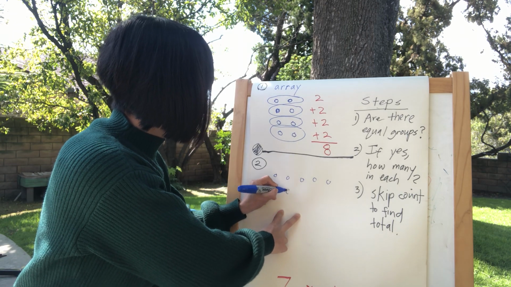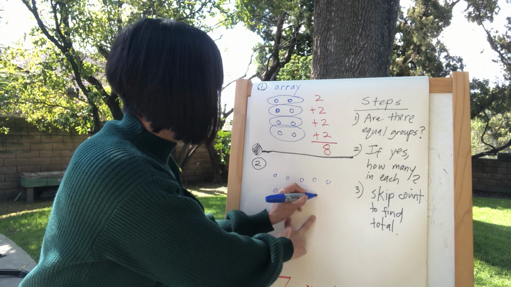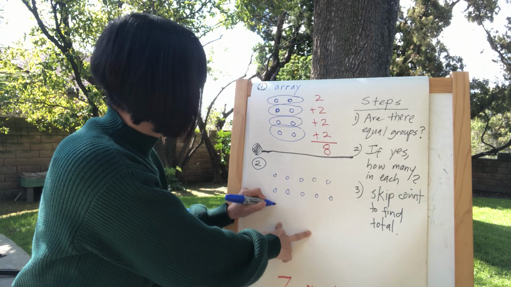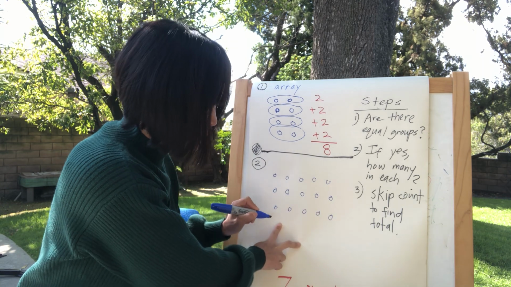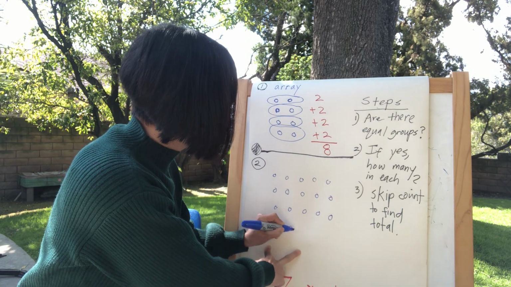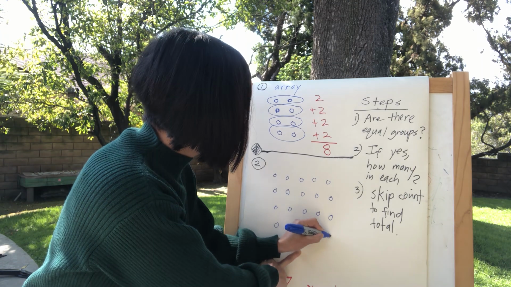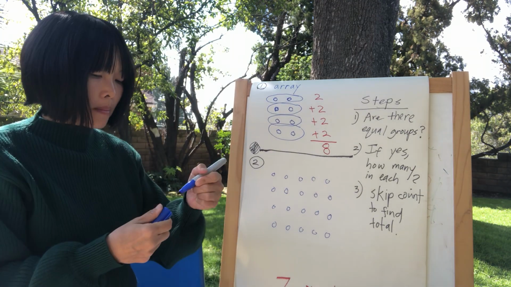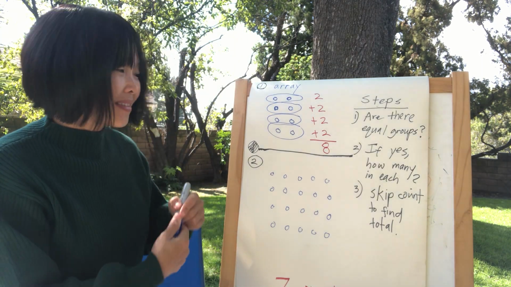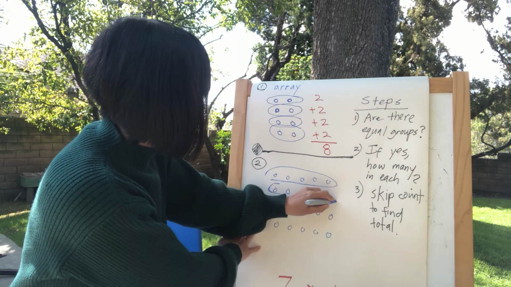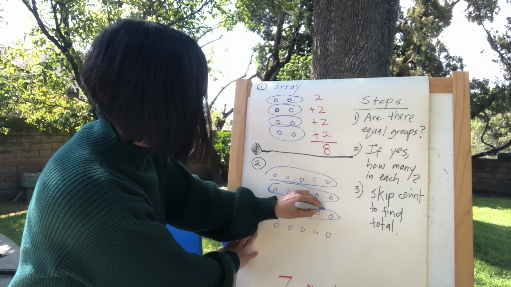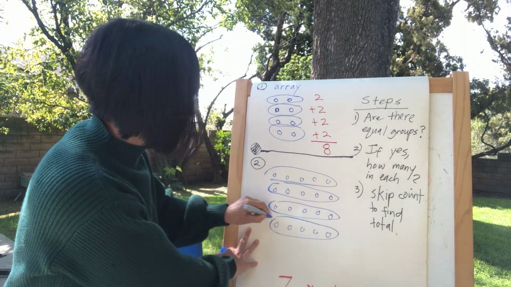Second group. And I'm drawing an array. Third group. The fourth group. Let's review. Group 1, Group 2, Group 3, and Group 4.